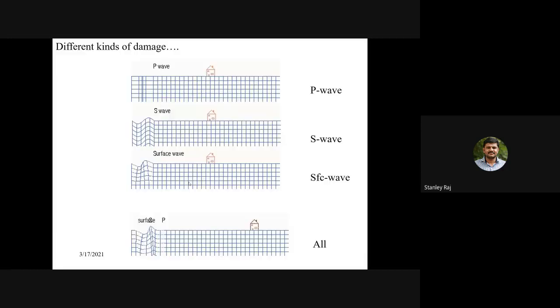So at this juncture, I want to explain the basic classification of these waves. First, body waves. The body waves means the seismic waves which are traveling inside the body of Earth. That is the primary and secondary wave.